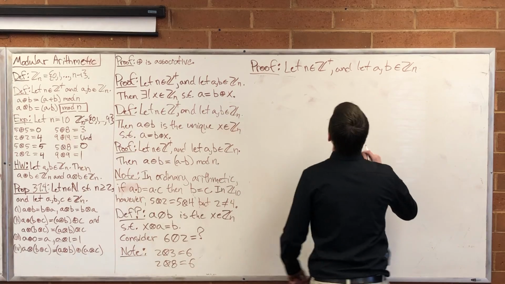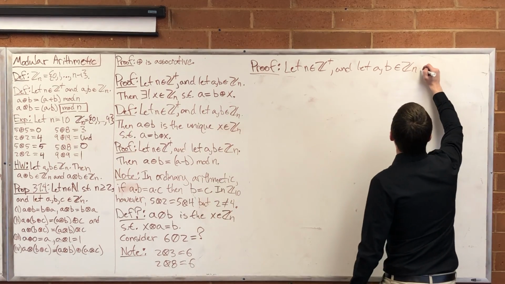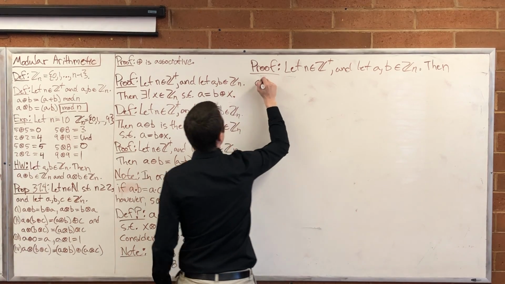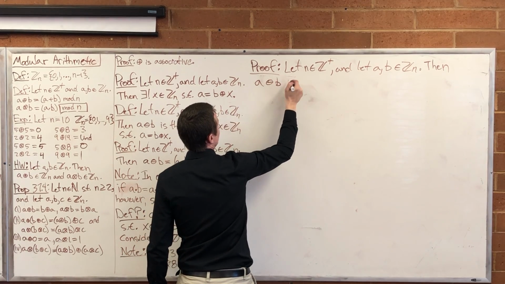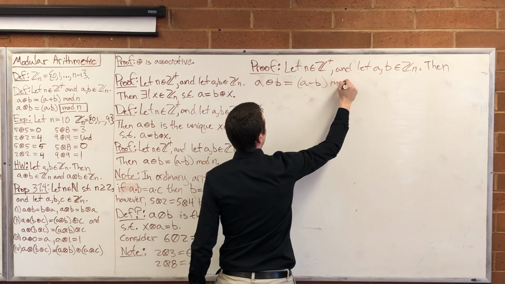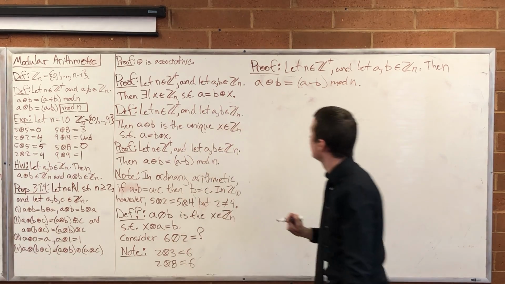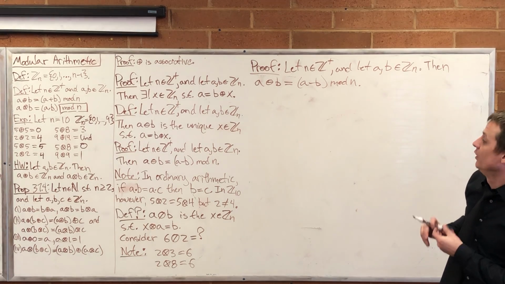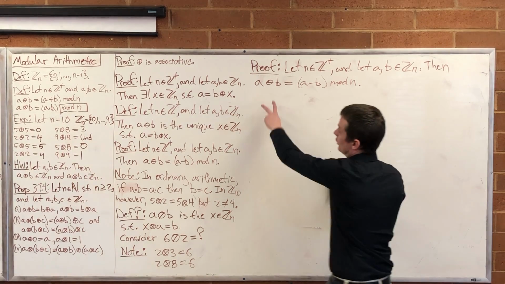So, let that and let that. Then, a minus b is equal to a minus b mod n. Right? That's what we're trying to prove. So how do we do this? Go back to our definition of this.